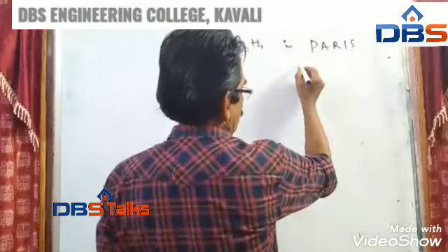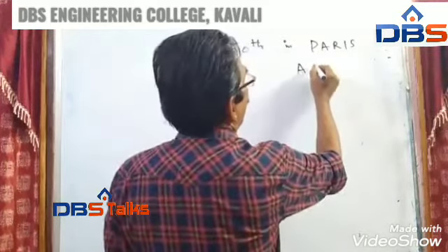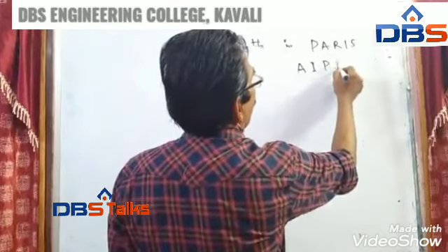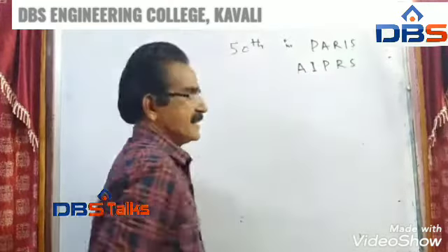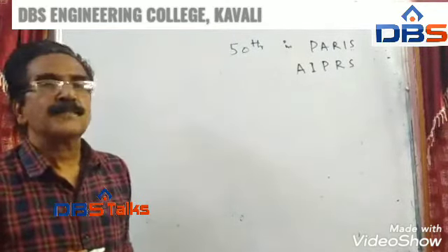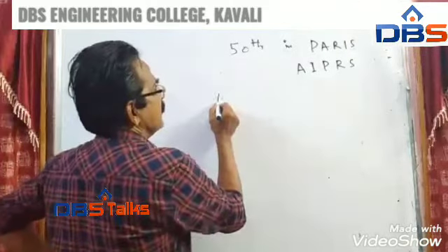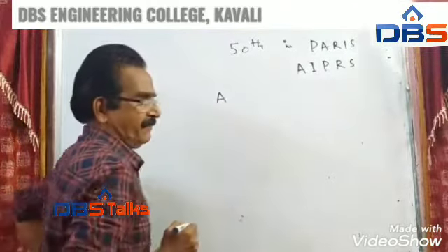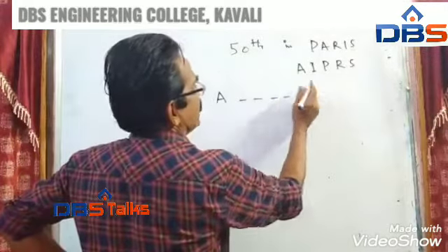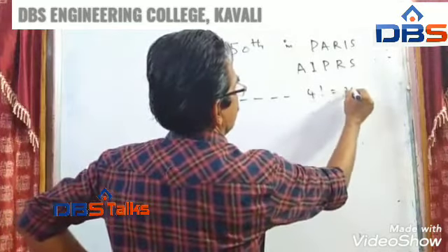So first thing we have to do is arrange them in alphabetical order: A, I, P, R, S. First, starting with A, if we put A in the first place, the remaining 4 blanks can be filled by the 4 letters in 4 factorial ways, that is 24.